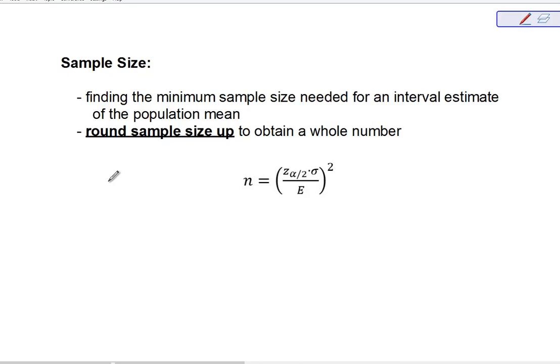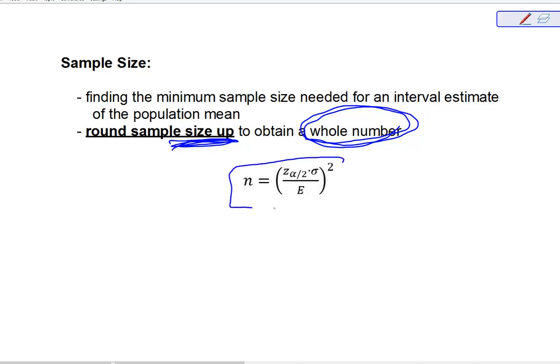One key thing here is, for sample size, you always have to have a whole number. You always round up to the very next whole number. So if you get any type of decimal, you always round up to the next whole number.